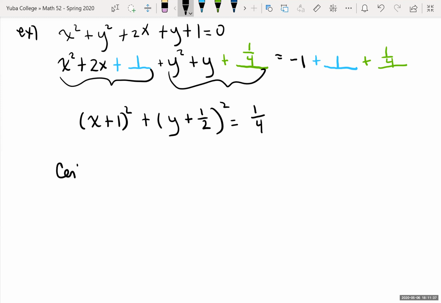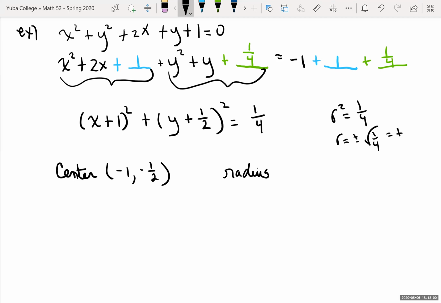So our center, this is opposite sign, -1, opposite sign, -1/2. And our radius, well, r squared is equal to 1/4. So take the square root of both sides. Radius positive, so r is equal to 1/2.